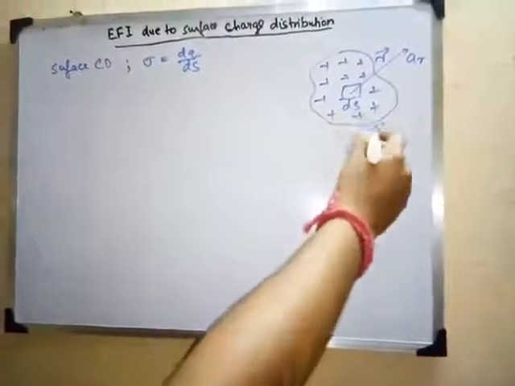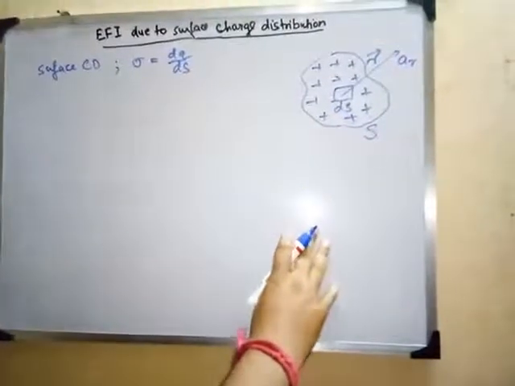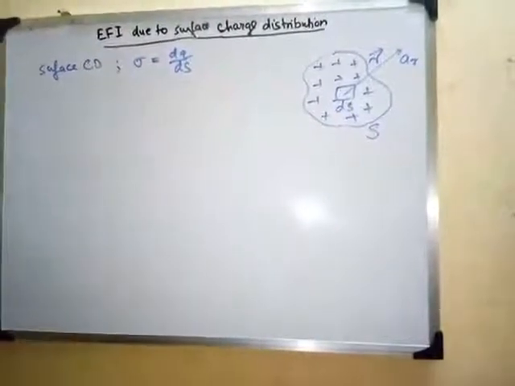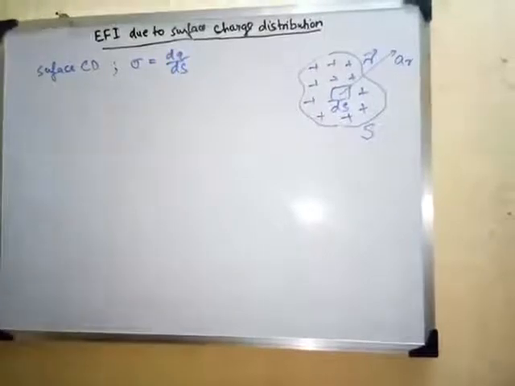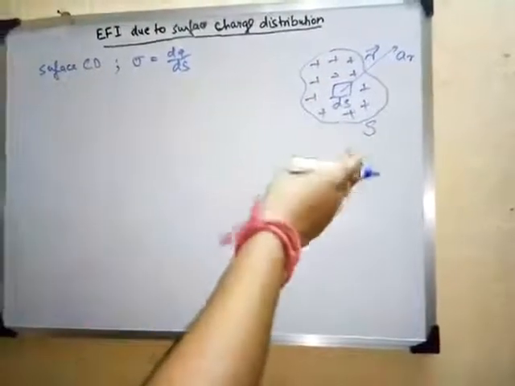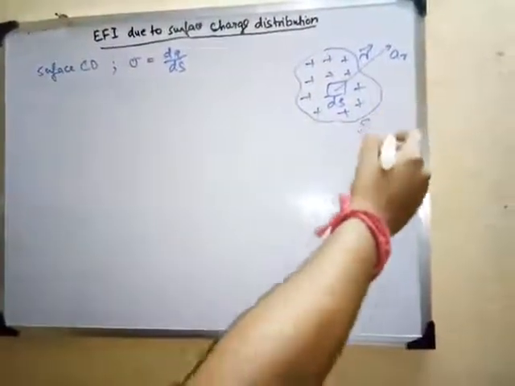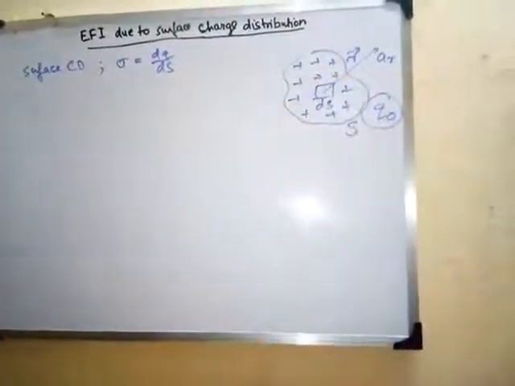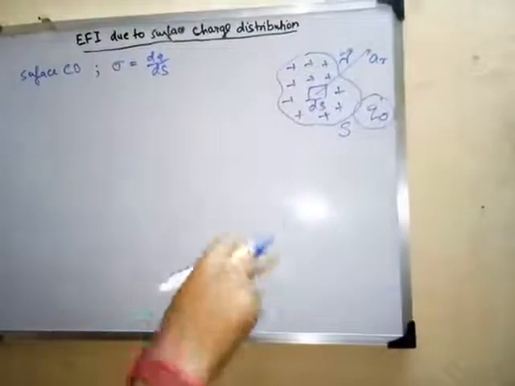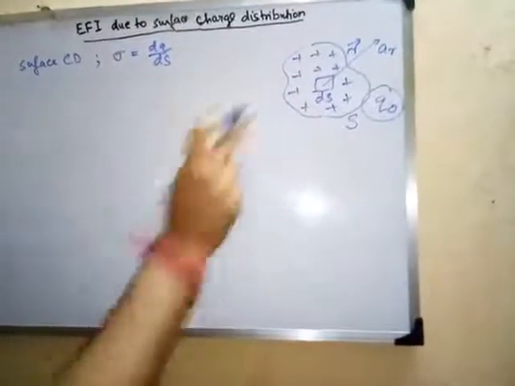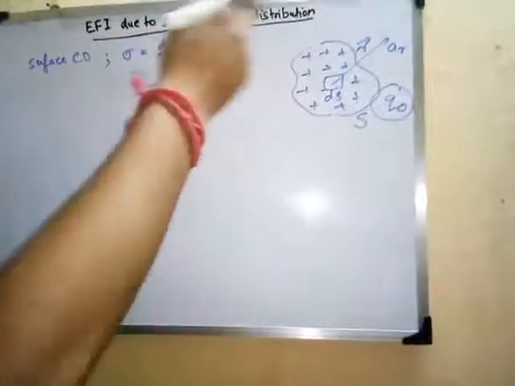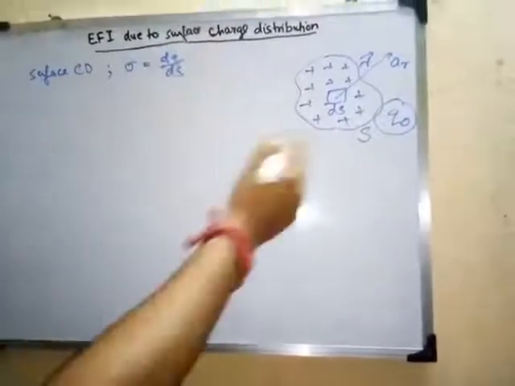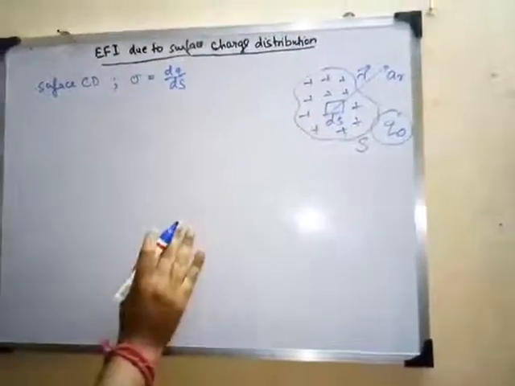First we will have to evaluate the total force due to the Q naught charge, which means we also consider that one test charge Q naught is present. So we will calculate the total force on Q naught due to this charge element, that is, the surface charge distribution element ds, a small element.